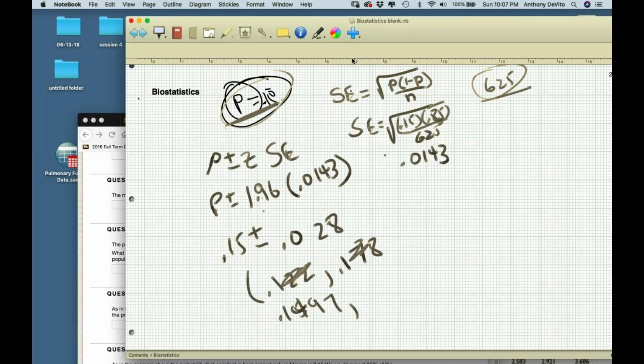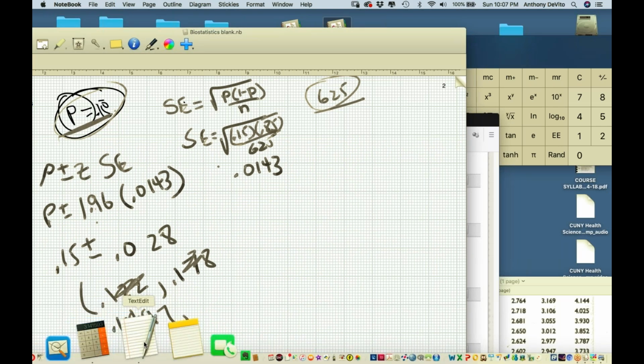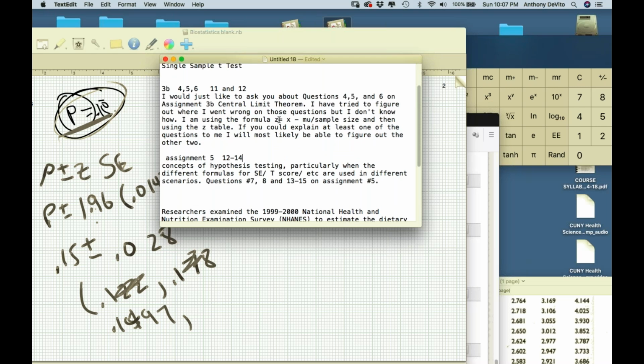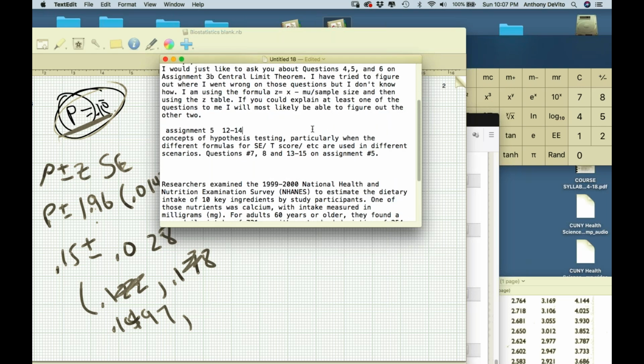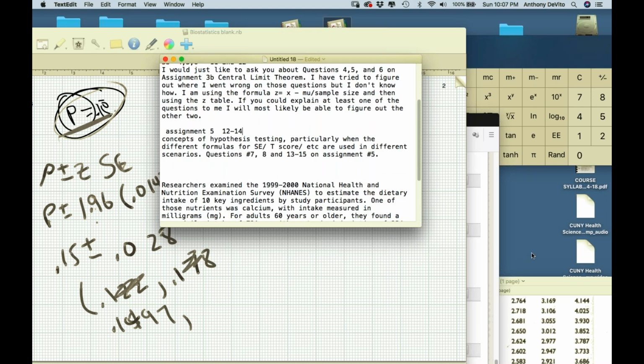So, and then you calculate the upper and lower level. So let me go on to the next problem. The next problem that came up was, let me go to this text edit thing here and see what came up. Okay, 4, 5, 6. Somebody just mentioned assignment 4 over here in the chat box. Let me go back.